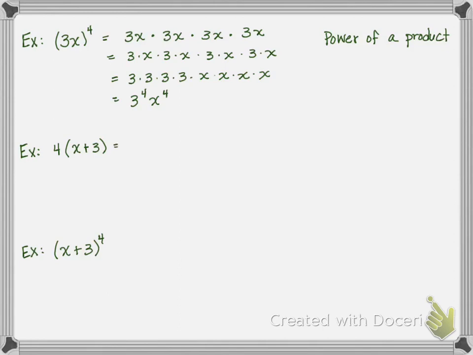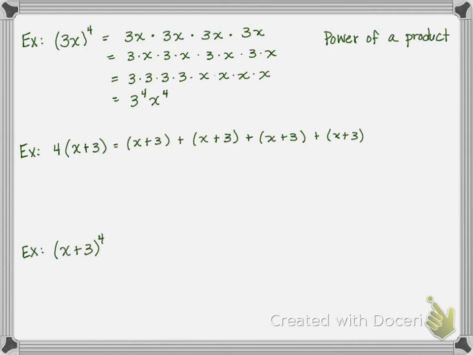So if I multiply 4 times x plus 3, we said before that multiplication is repeated addition, right? So this is the same as me adding x plus 3 plus x plus 3 plus x plus 3 plus x plus 3. How many operations are on the right side there? Is there multiplication?